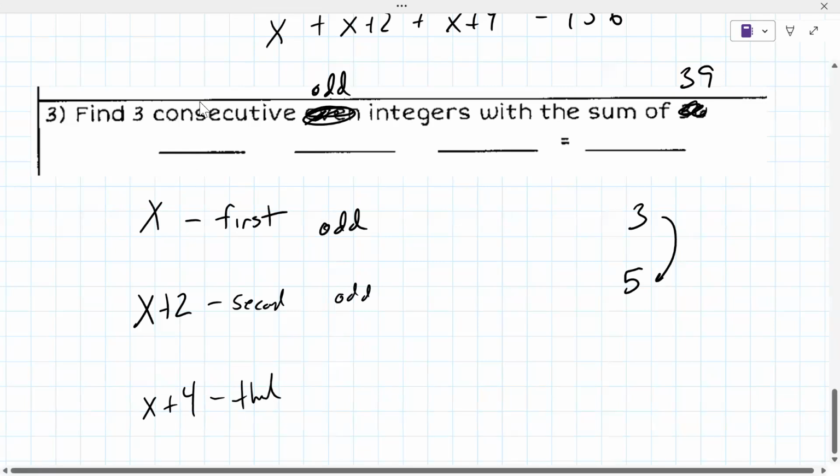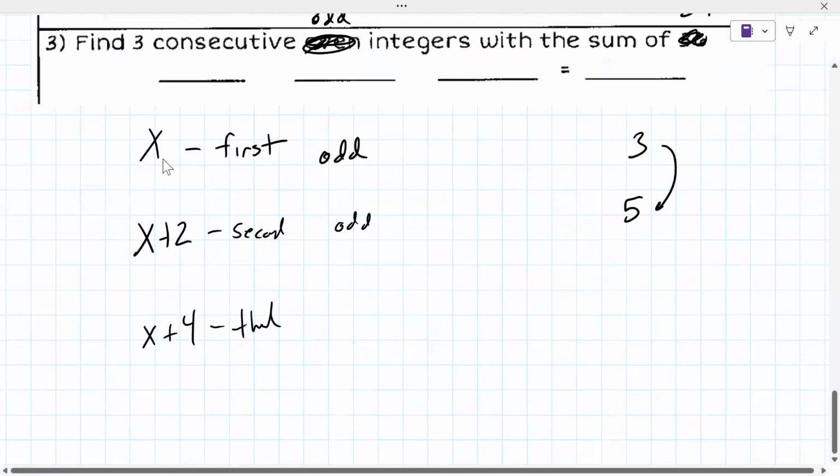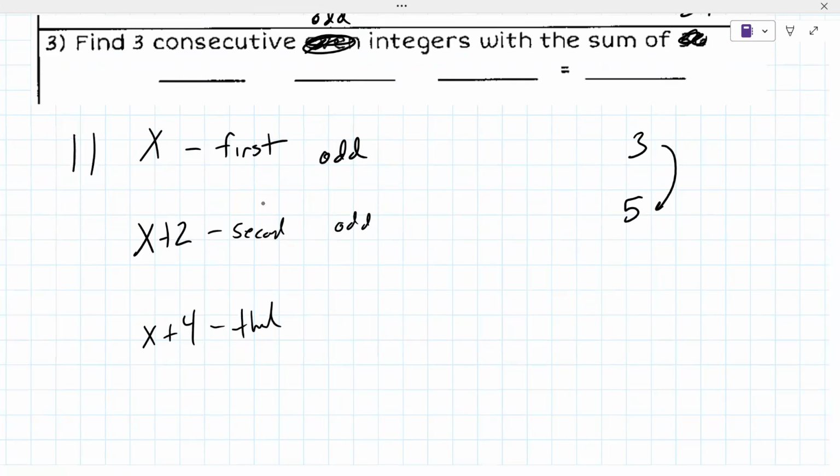So you're going to write X plus X plus 2 plus X plus 4 equals 39. 11 for the first one, good.